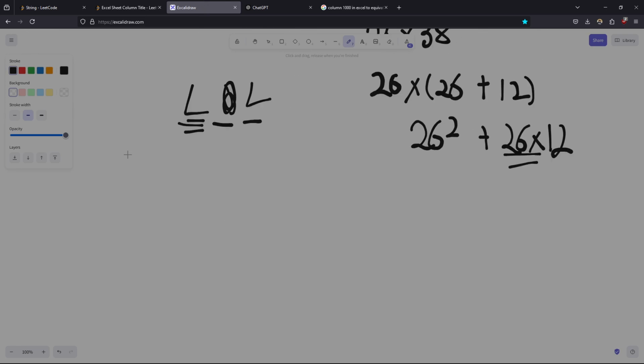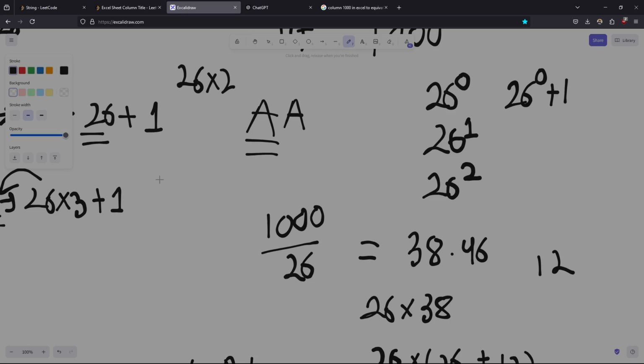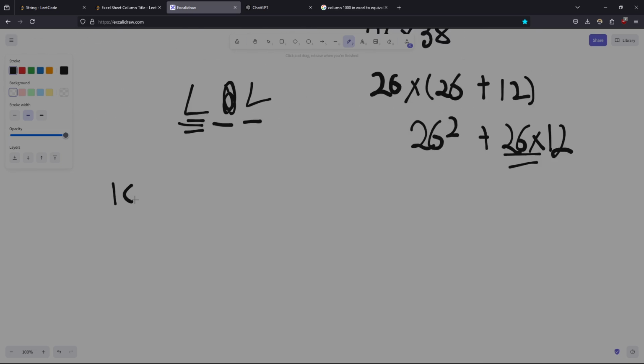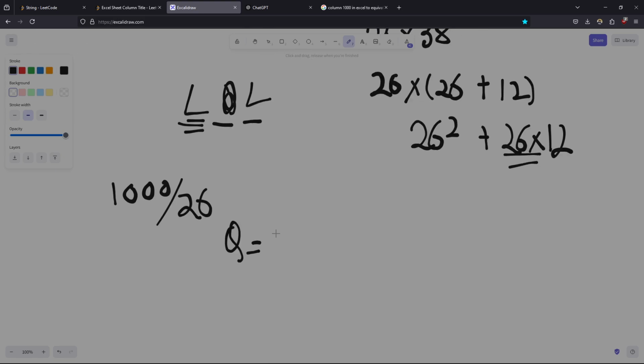What we can do is, first of all, like I said, divide the number and find its quotient and remainder. Its quotient is 38 and remainder is 12.